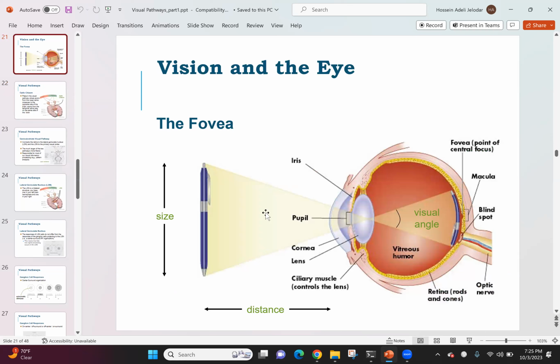If I'm looking at this pen, if I'm looking at this cap, this area and this area are going to be represented by close by cells in my retina, right? Because the light from this is only slightly displaced from light from here. So the areas that are close to each other on the object fall on the same area of the retina.